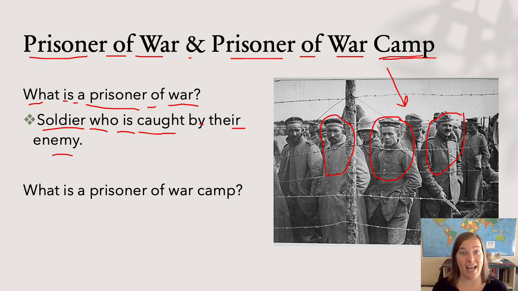For example, during World War II, the Nazi government sometimes caught US or British soldiers. During a war, they did not want to let them go free. They would keep the soldiers in what we call a prisoner of war camp.